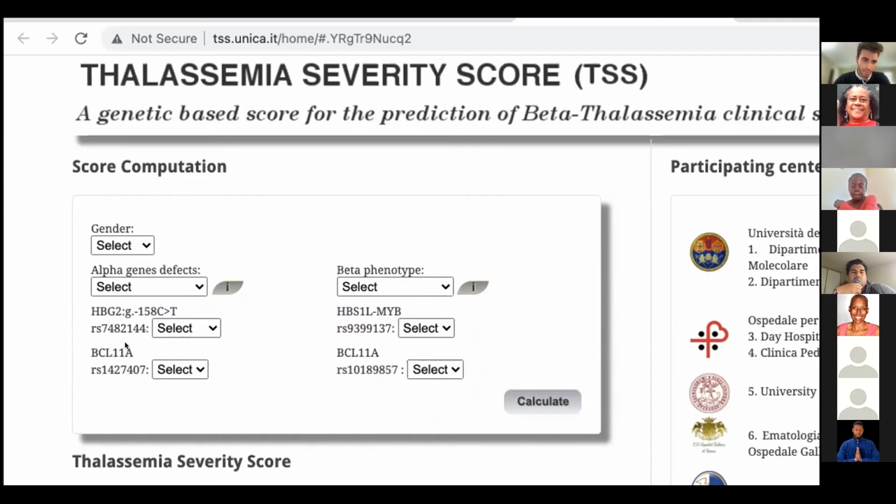Okay, let me rephrase that. These are genes that if they have a T for this one, you'll have higher fetal hemoglobin F. So you do genetic testing, you get your results for these genes.